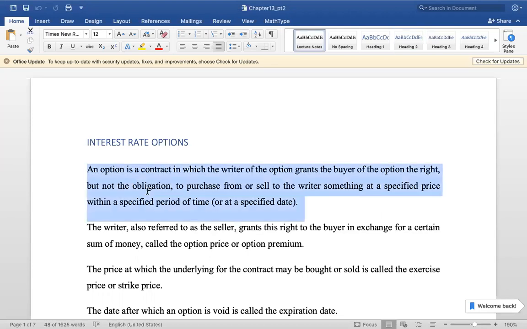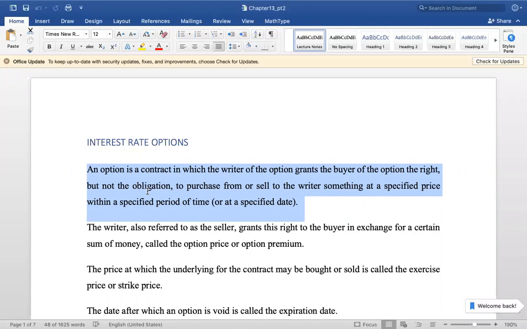You already know, and we have discussed frequently, that an option is a contract in which the writer of the option grants the buyer of the option the right but not the obligation to purchase from or sell to the writer something at a specified price within a specified time period.